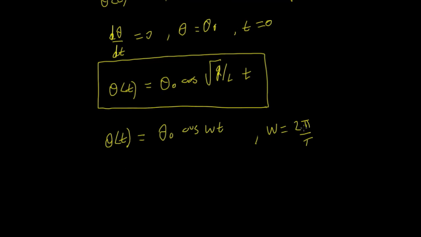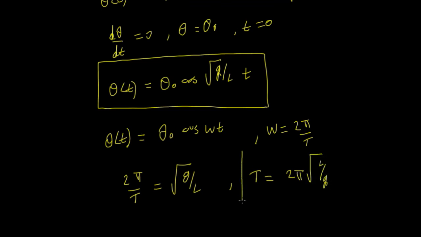So we can equate these and say that 2 pi upon T is going to equal root g upon L, and then we can rewrite that: T is going to equal 2 pi root L upon g.